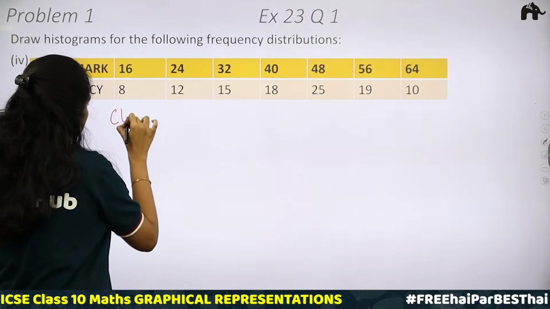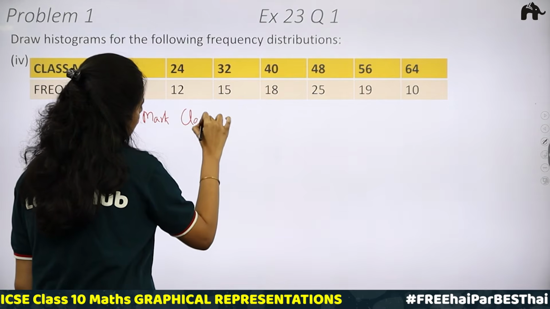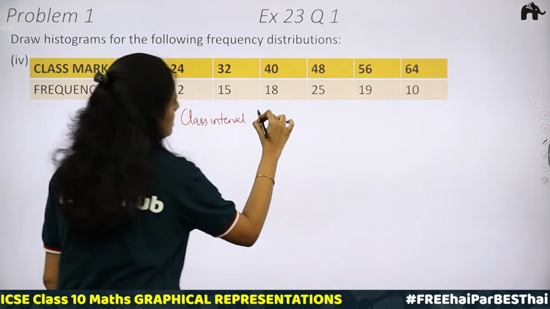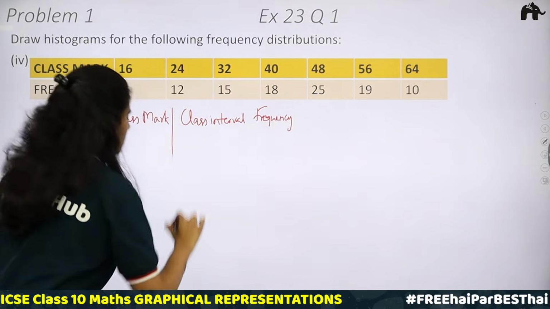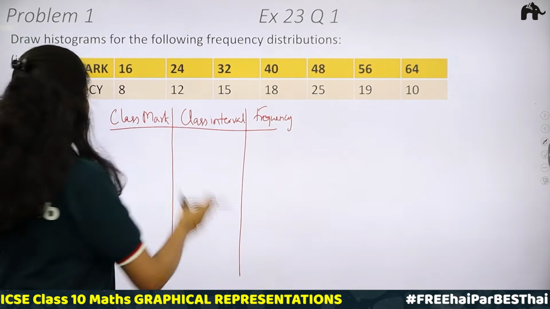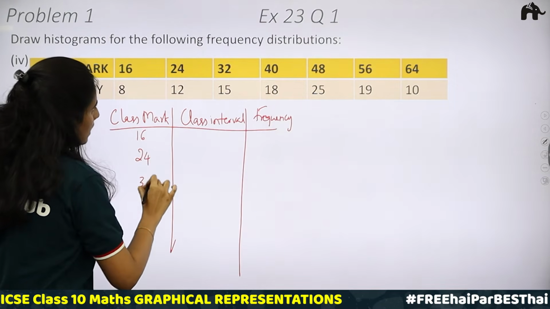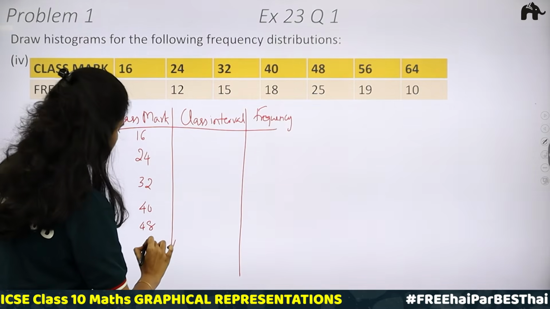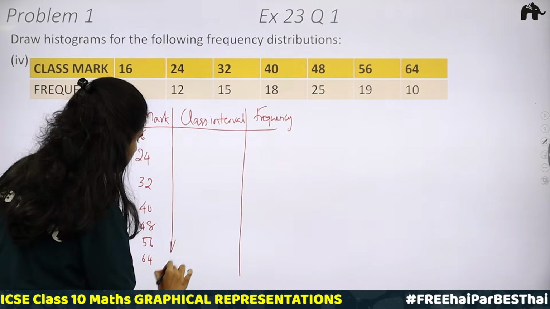Here class mark is given. We need class interval. And then frequency is given. Class mark, class interval and frequency. Given class marks 16, 24, 32, 40, 48, 56 and 64.